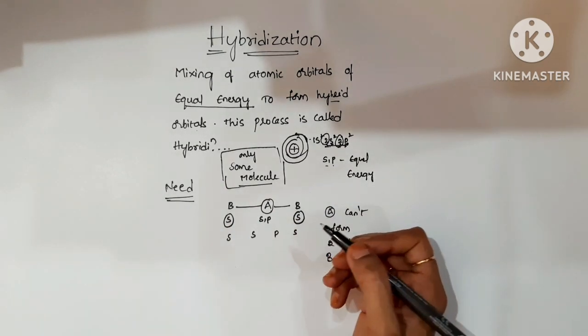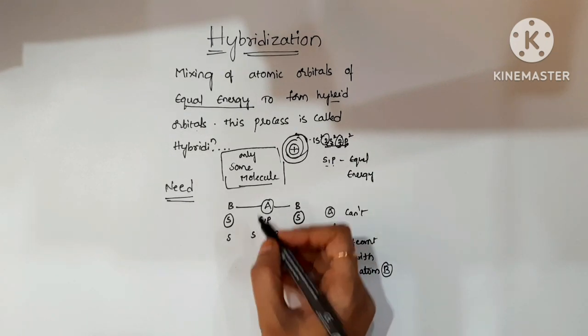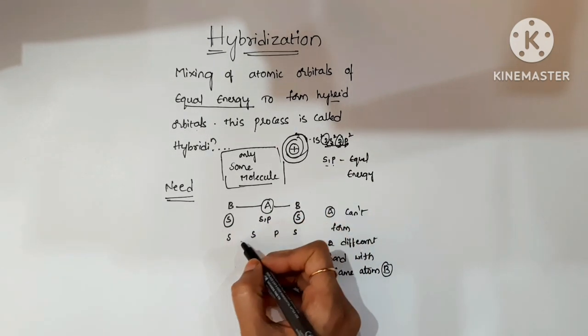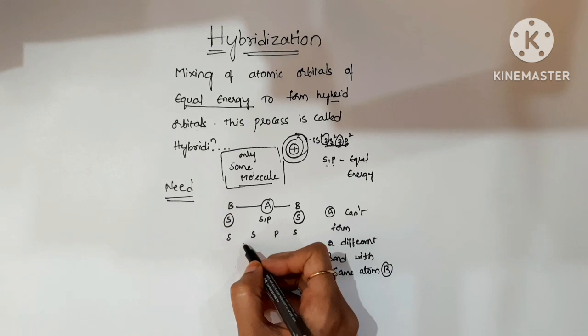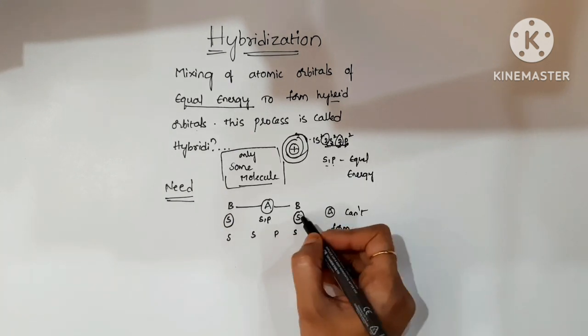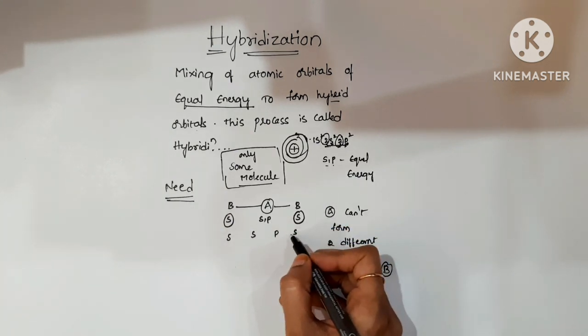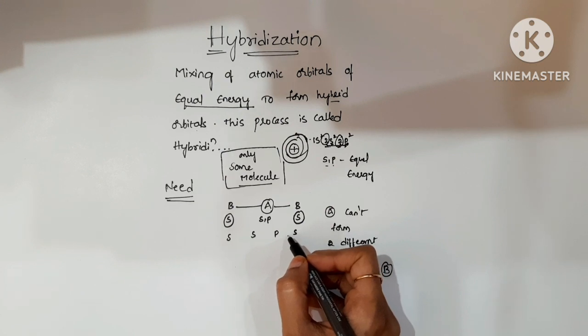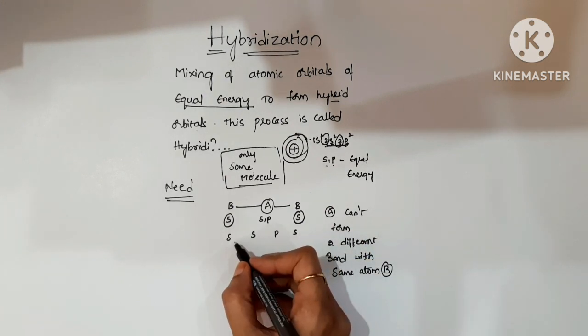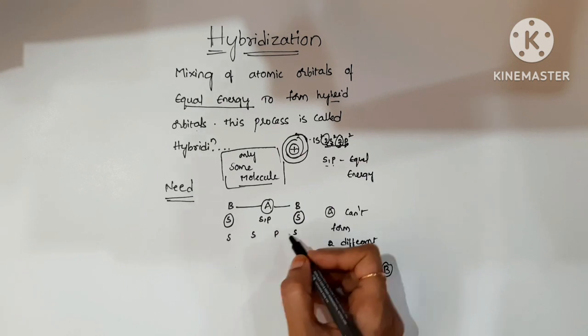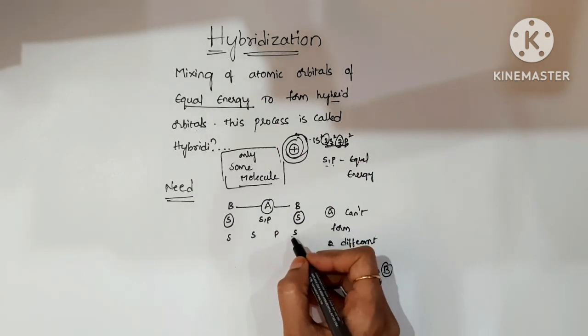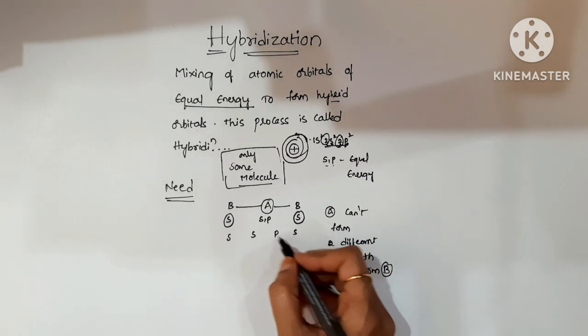So what happens in bond formation? Here s and s orbital overlapping happens, and here p and s orbital overlapping happens.